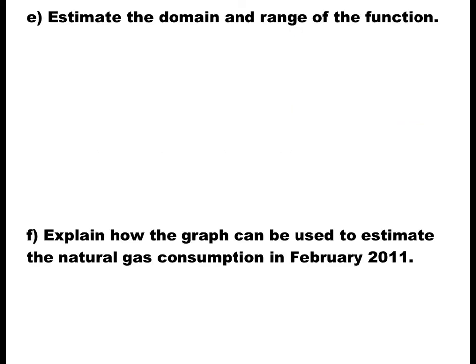The next two parts of the question, part E says we have to find domain and range of the function, and also part F says explain how the graph can be used to estimate the natural gas consumption in February 2011.